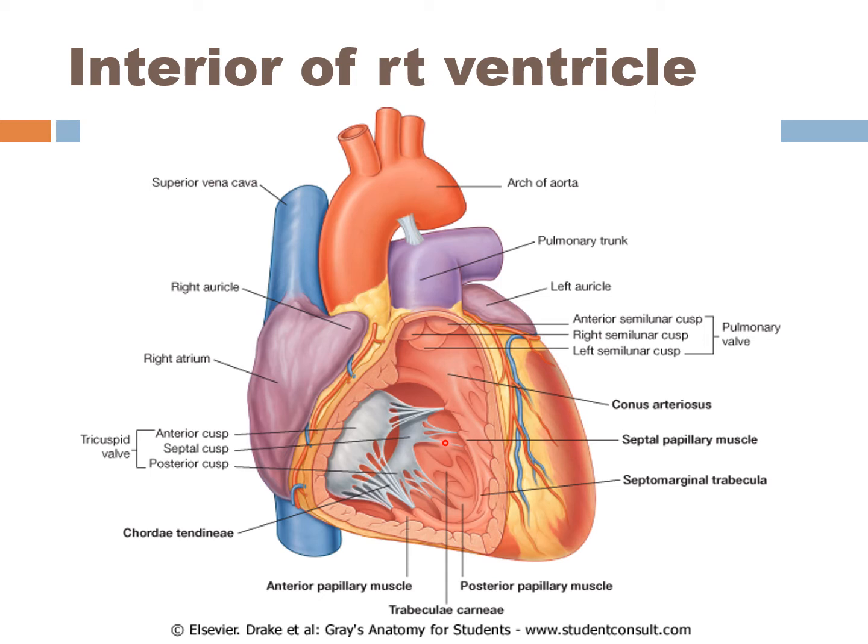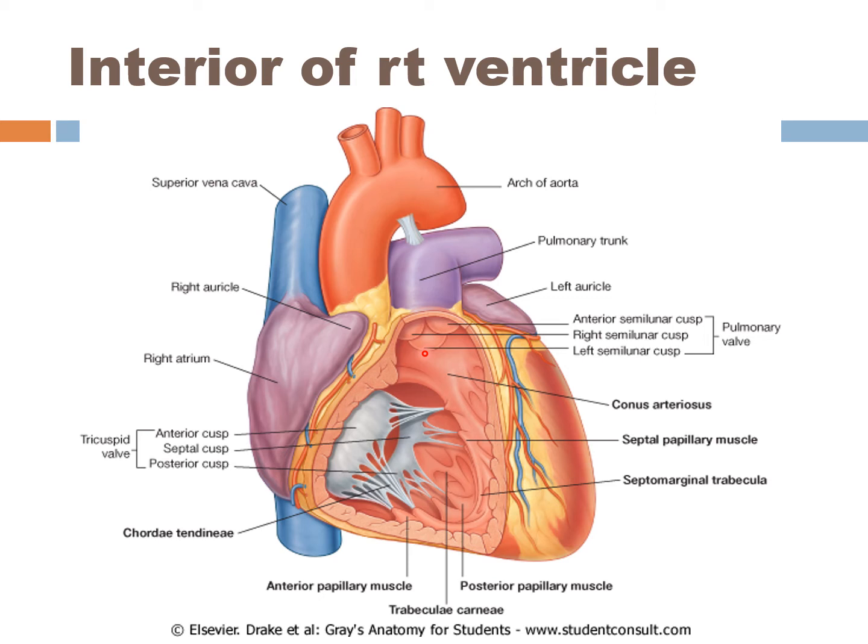Now features of this outflowing tract, this portion which is smooth portion, here you can see this one are the smooth part, the rough one was the inflowing ventricle proper, and this one are the smooth part for the outflowing tract. The outflowing tract is named by us conus arteriosus and infundibulum.